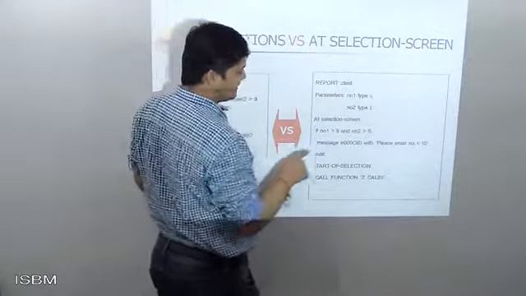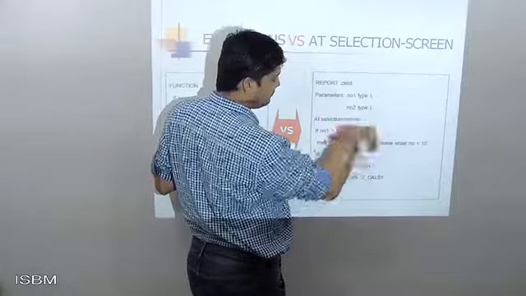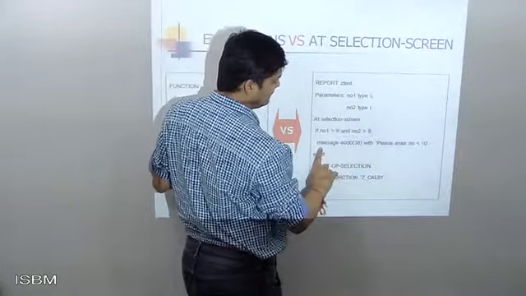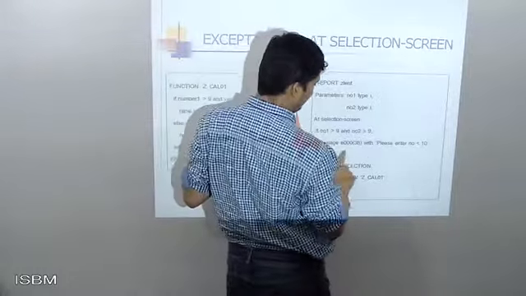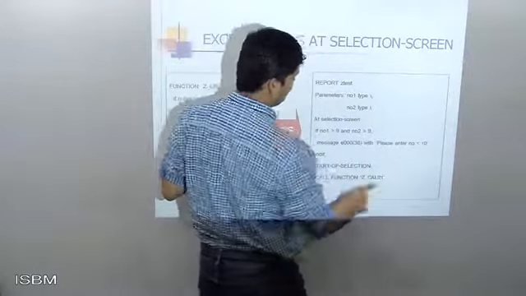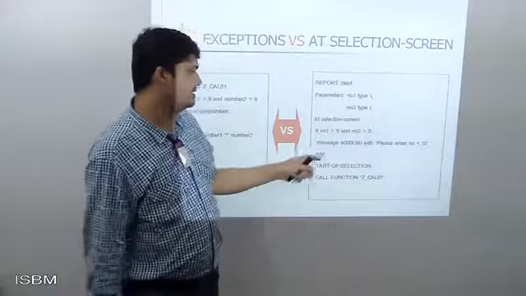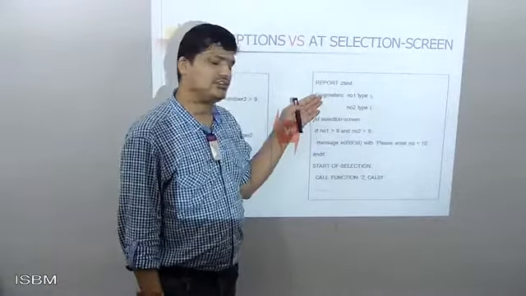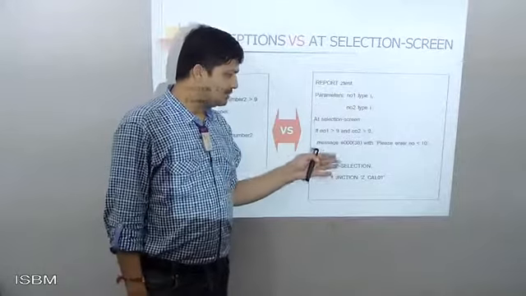At the selection screen, while you write a number greater than 9 in your parameter in the selection screen, it will return a message: please enter number less than 10. So here you can see it will directly give you a message there itself on your screen.